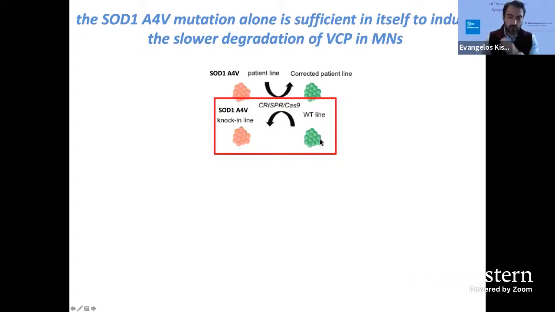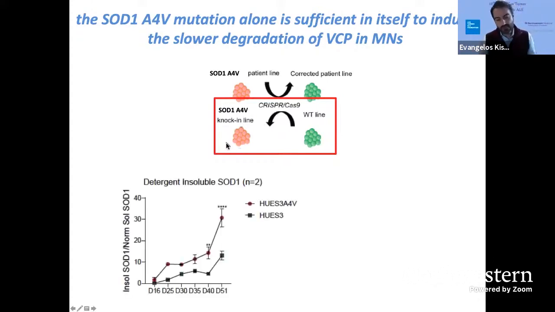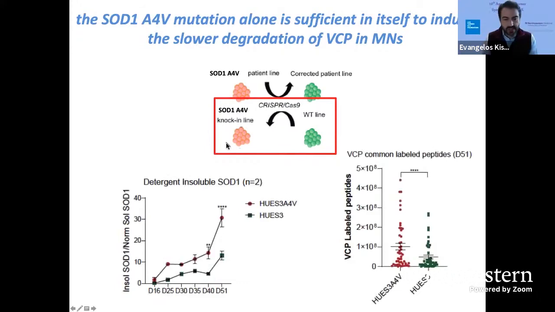So for this, we took a wild-type line and we used CRISPR to introduce the SOD1 mutation, performed the series of laborious experiments, and to cut a long story short, we found exactly the same thing, albeit with different dynamics, in that now the A4V motor neurons accumulated significantly more detergent-insoluble SOD1 protein, and shortly after, they also exhibited accumulation of older VCP protein.